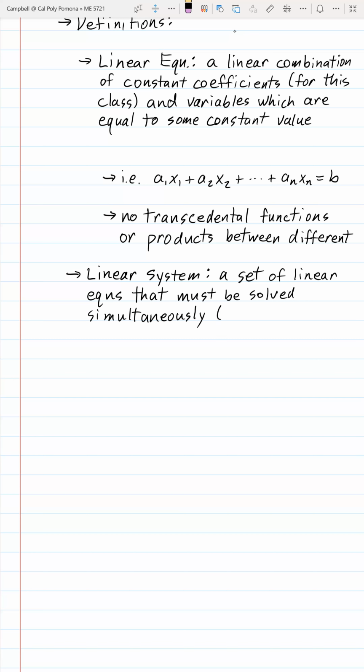And you probably already remember what simultaneously means, but it simply means that whatever we come up with as a solution for this system of linear equations, that one solution must solve all of the linear equations at the same time.